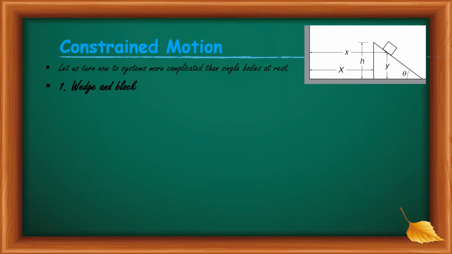We know that the mass may or may not move. It depends on the mass of the block, the angle of the wedge, and something about the property of the wedge.